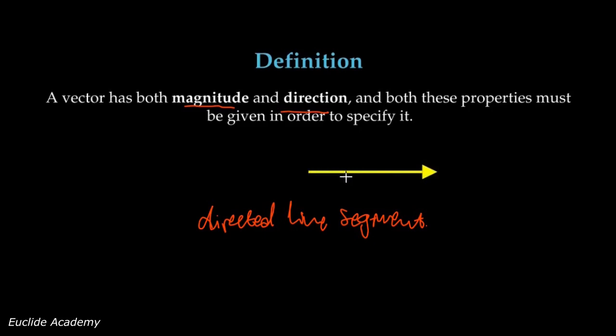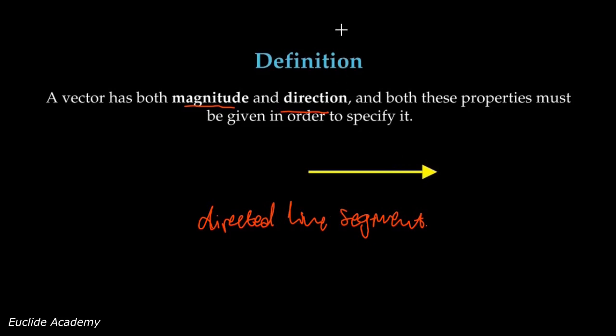So the vector that we have on screen here is pointing to the right side. So this is the direction of the vector, and then this is the magnitude. Given some appropriate scale, we can label this. We can see the magnitude of this vector is 2 centimeters or 3 units or whatever it is that we want to put.